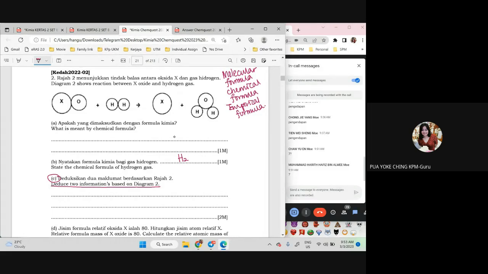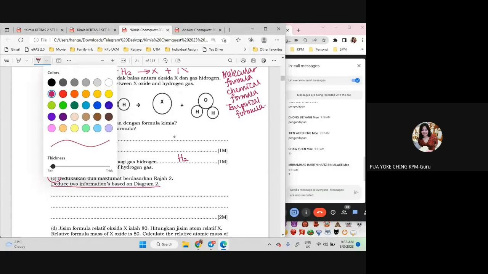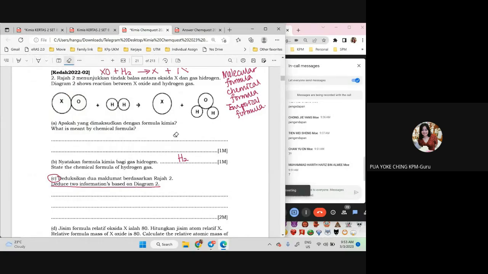Dia bagi XO plus H2 produce X plus H2O. So you perasan tak? The same type of questions, but nowadays they like to be in diagram form.